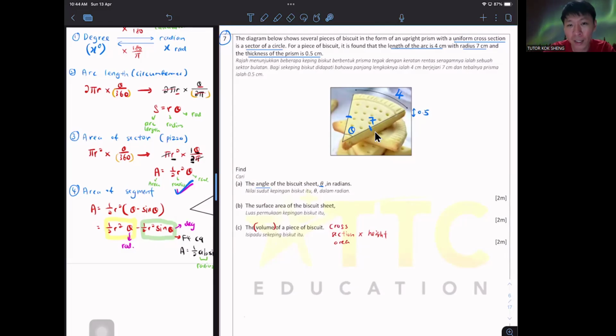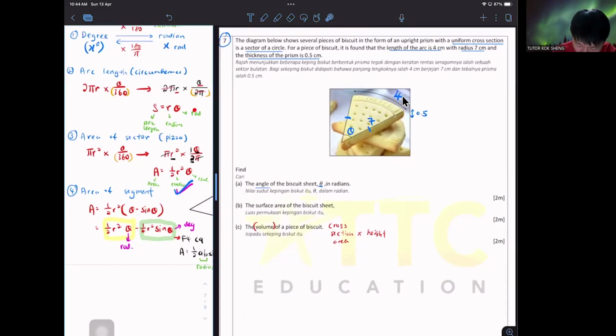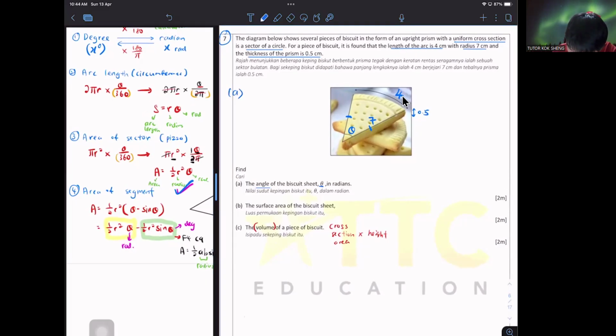So the arc length formula: arc length 4 equals radius 7 times theta in radians. You have to find theta, so put in the unknown first and bring over the 7. Divide, 4 divided by 7, so 4 over 7. 2 marks settled.